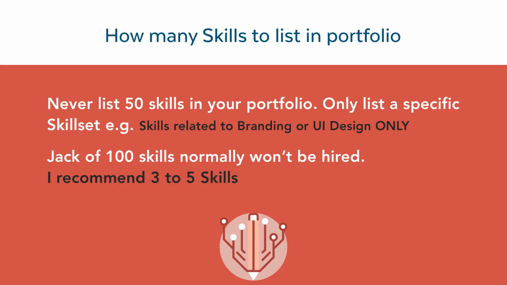I think almost 90% of the people who use computers, PCs or Macs on a daily basis know how to use these software or communicate well, okay? So the main thing is that you should only focus on 3 to 5 skills, okay? So I recommend that you list the 3 to 5 best skills you have. And the second option is that if you have a specific skill set like branding, you can list all the skills related to branding only, okay?